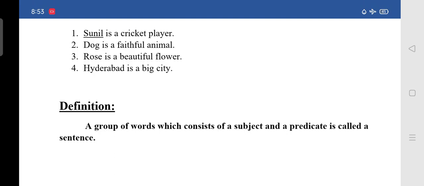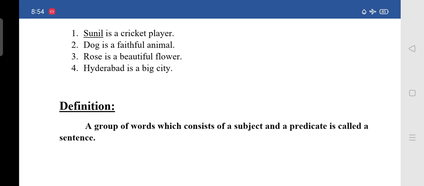I think you have understood what is a subject and what is a predicate. So in a group of words, which consists of a subject and a predicate, is called a sentence.